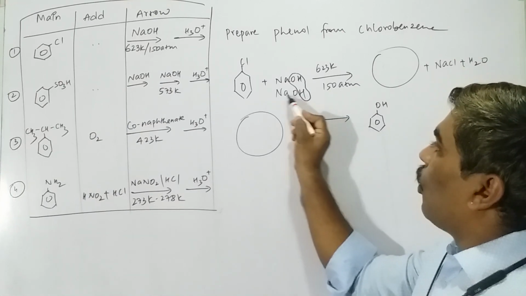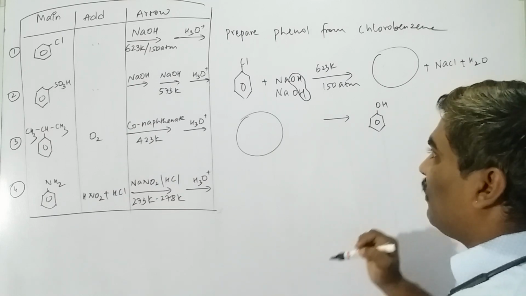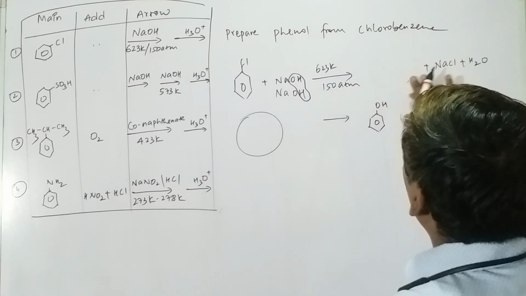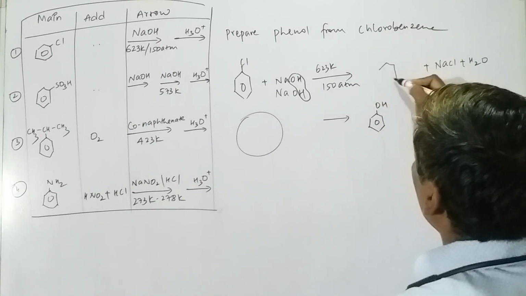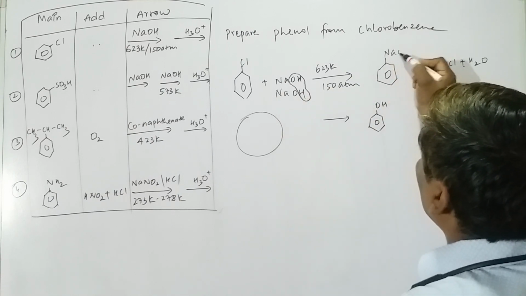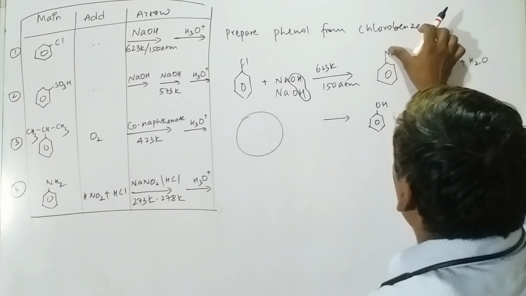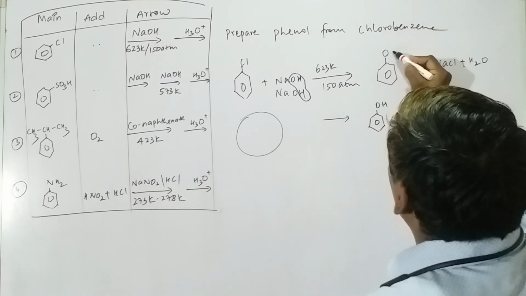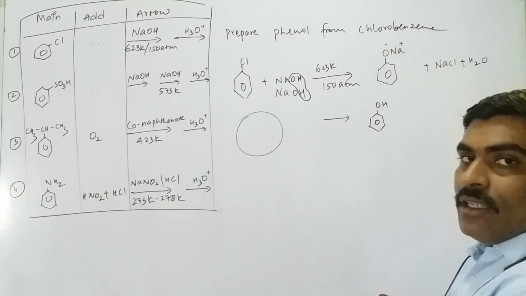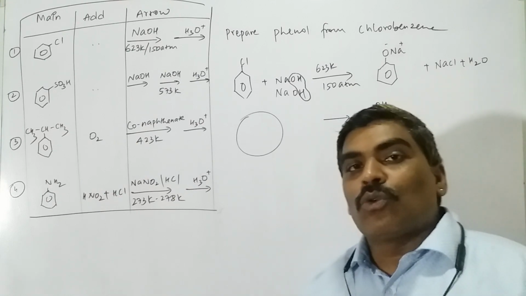Remaining is this ONa. Don't write NaO. Most of the students make a mistake here. I have seen that they write benzene and directly attach it. Wrong. The valency of sodium is 1. So you should write it like this, plus minus, that is an ionic bond. Sodium forms an ionic bond. And the name of this compound is sodium phenoxide.